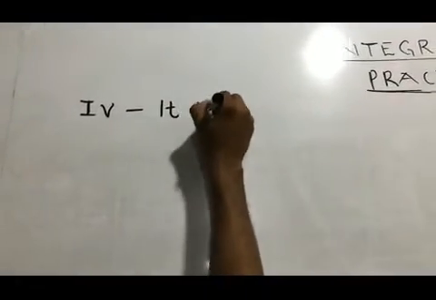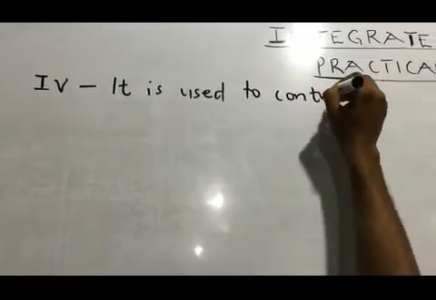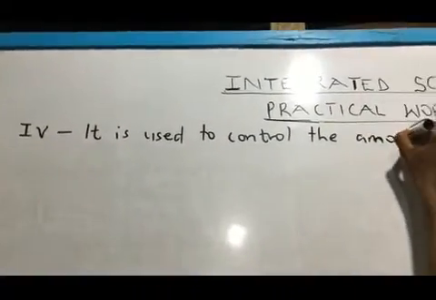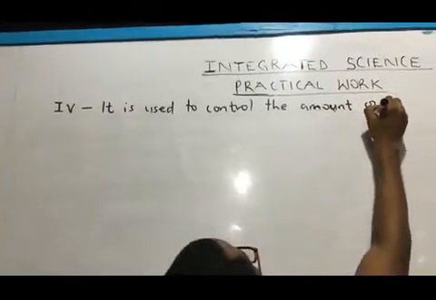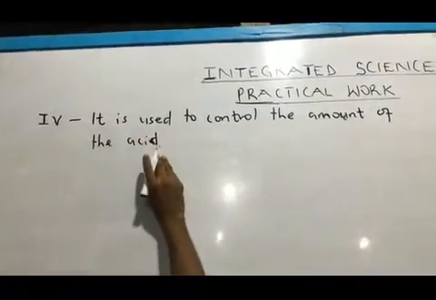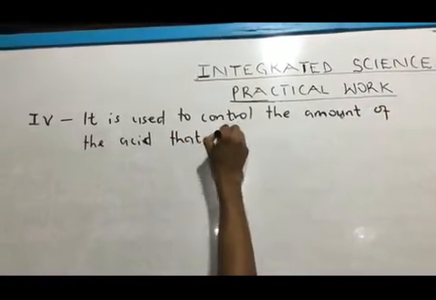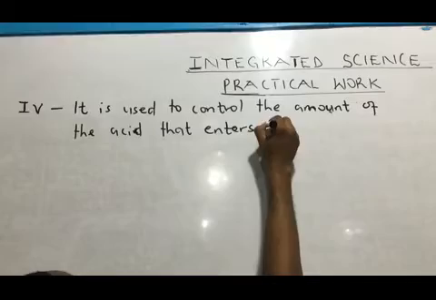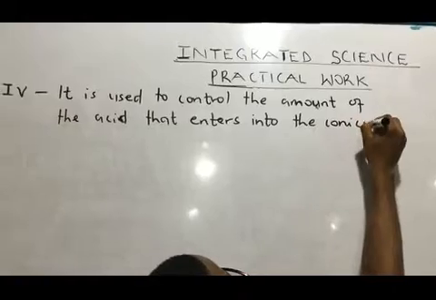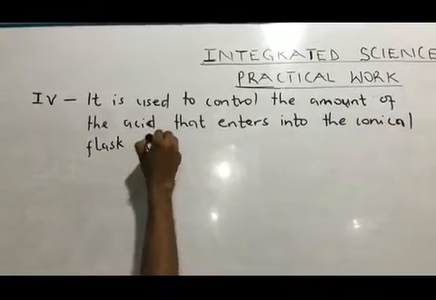So it is used to control the amount of the acid that enters into the conical flask at a time.